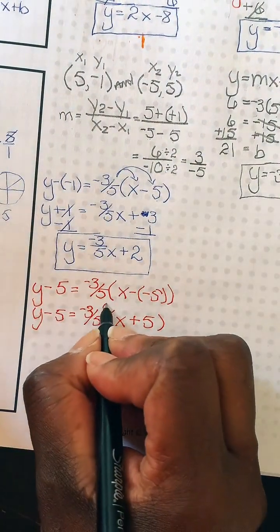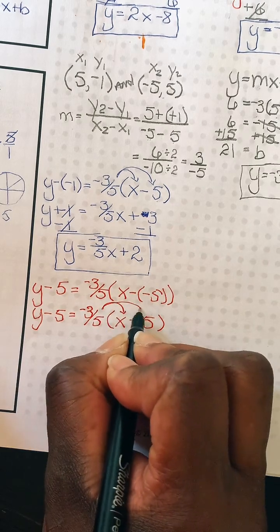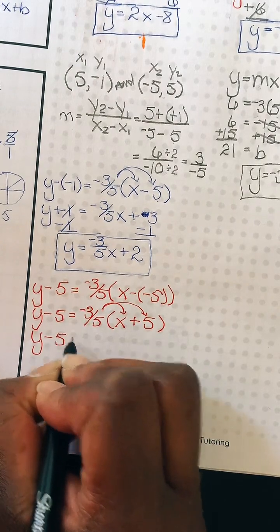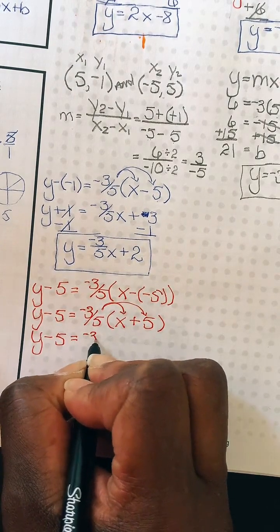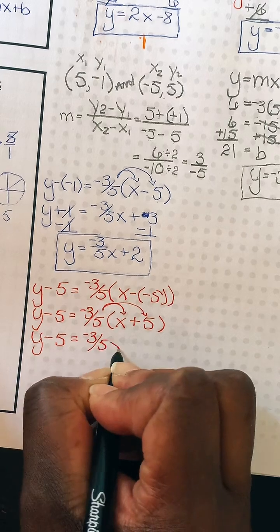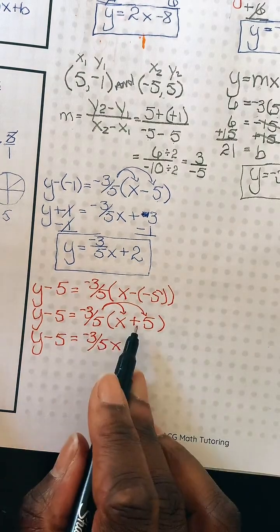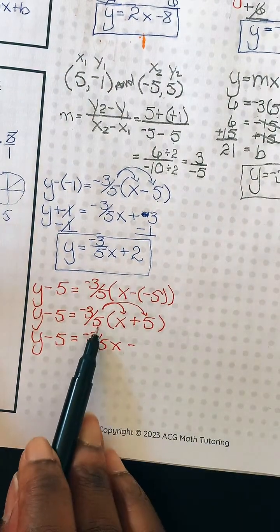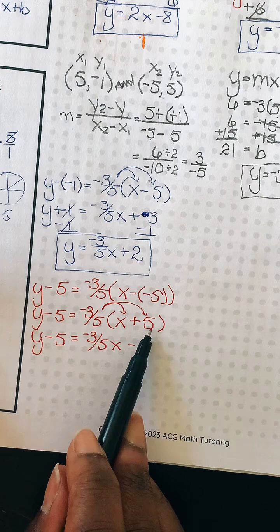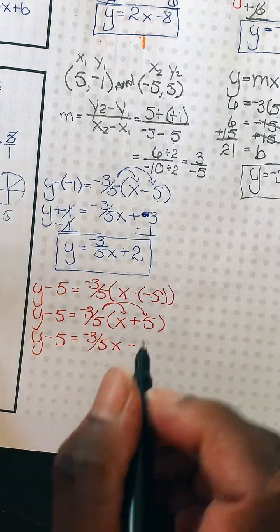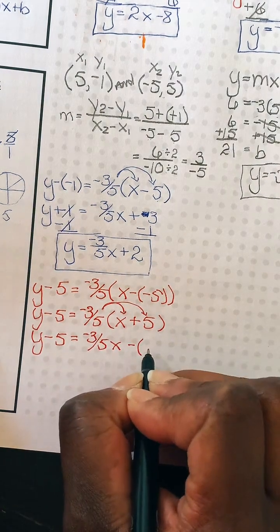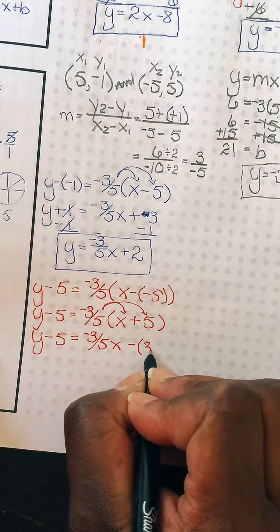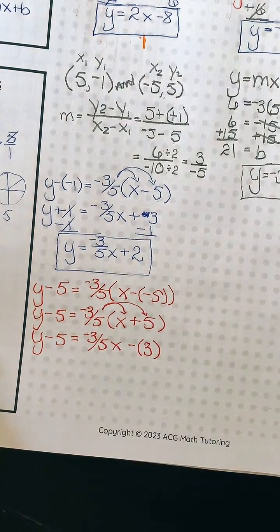So now I'm going to distribute. I have y minus 5 is equal to negative 3/5 x, and a negative times a positive will give me a negative. And here we are. We have a 5 being multiplied by a whole number of 5, so they cancel out, leaving me with my negative 3, or 3, because I already took care of the signage.